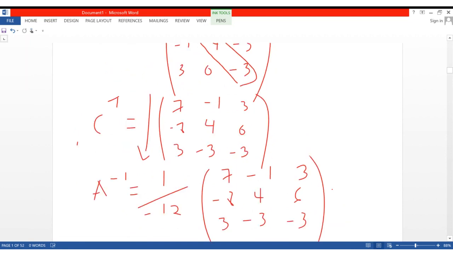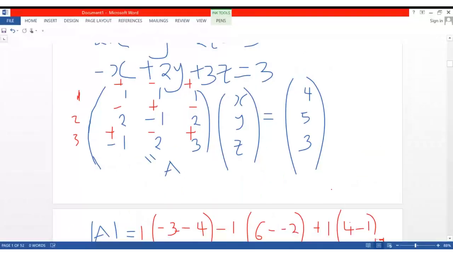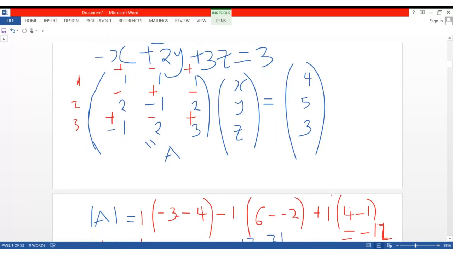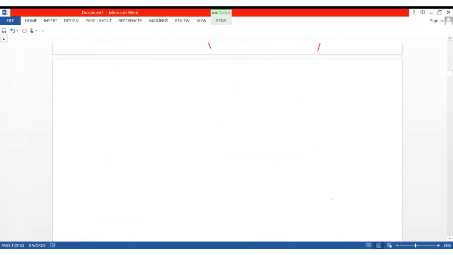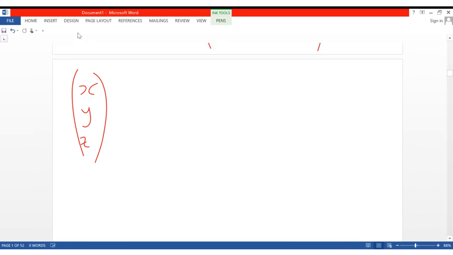Now we go back to the basics, what we had done before. To get the values of x, y, and z, we need to take our solution and multiply with the inverse. So x, y, and z is equal to 1 over negative 12.